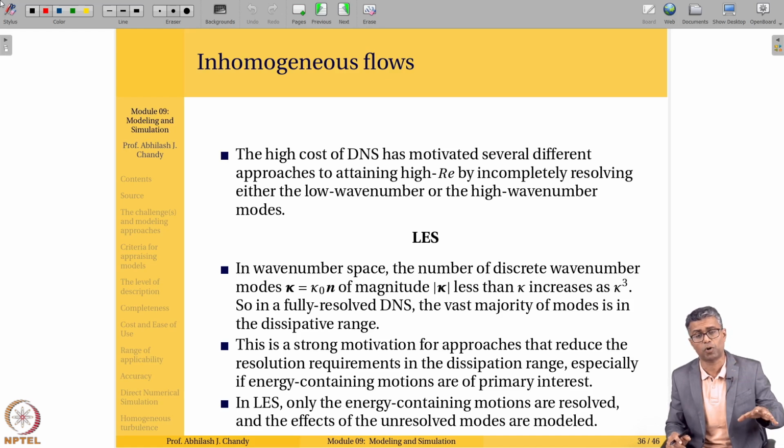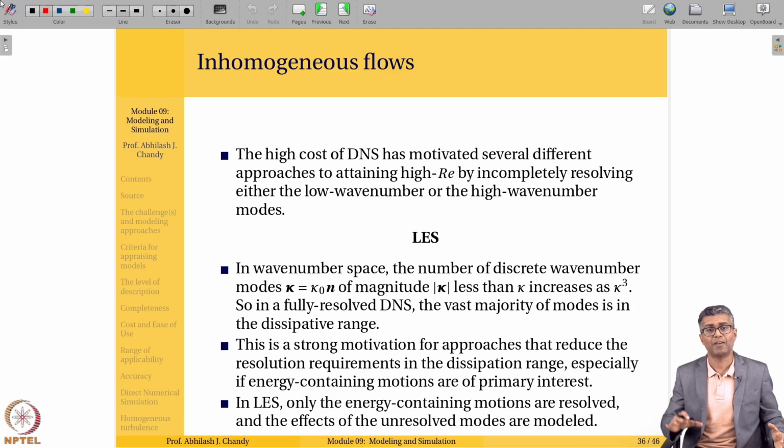In fact, the next module is exclusively about LES. But in LES, what happens is we resolve all the large length scales and we model all the small scales. So we are not going to be spending as much time or effort on the scales in the dissipation range, or in fact no time.